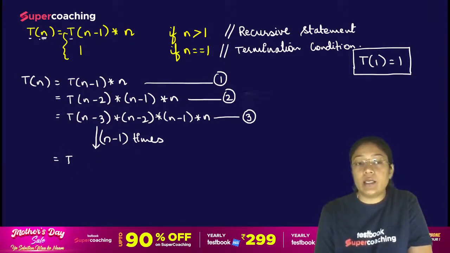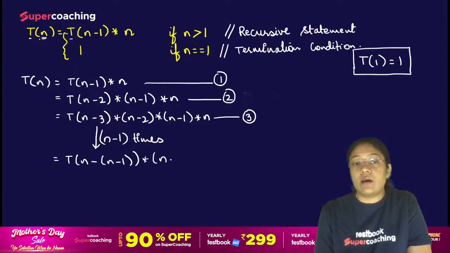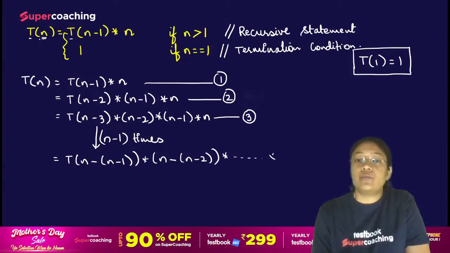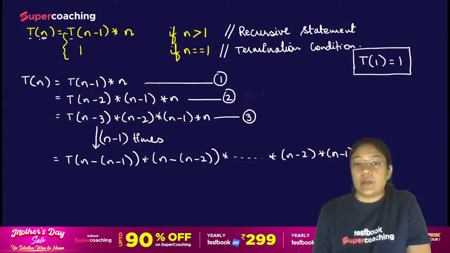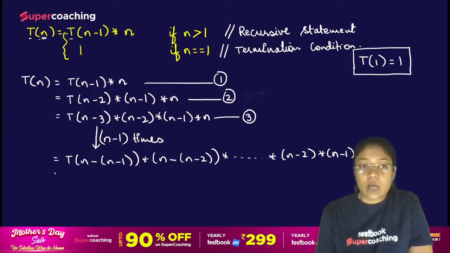So here we'll be getting T of 1 into 2 into 3, and so on up to n minus 2 into n minus 1 into n. Okay. Now simplify it.